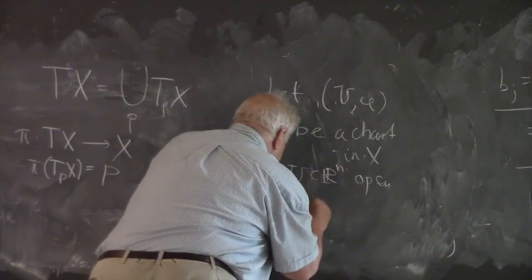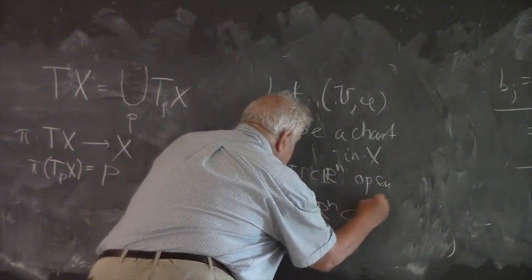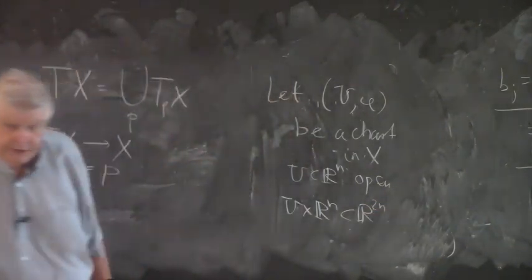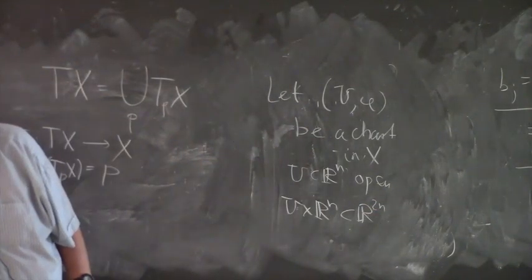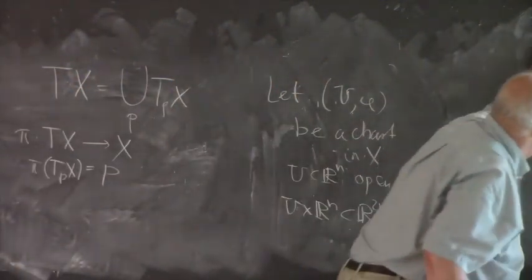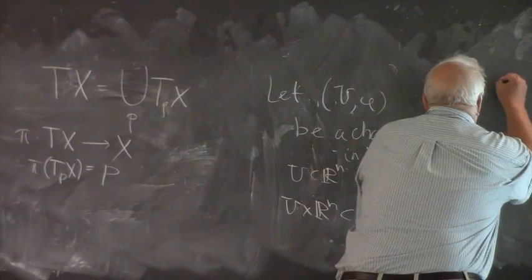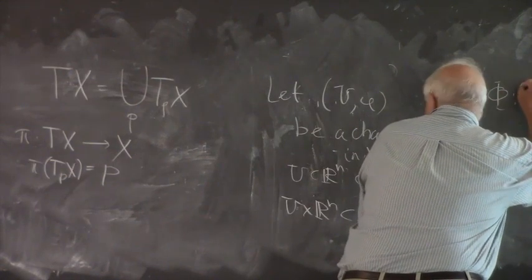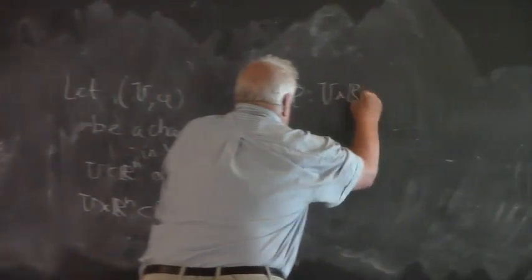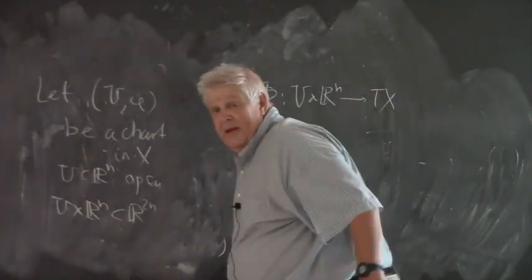Take U times Rn. It will also be an open set in R2n, you agree? Now I define capital Phi, from U times Rn into TX, in the following way.